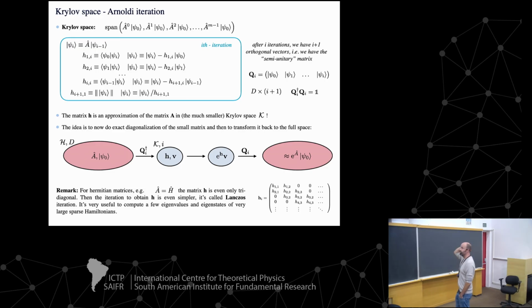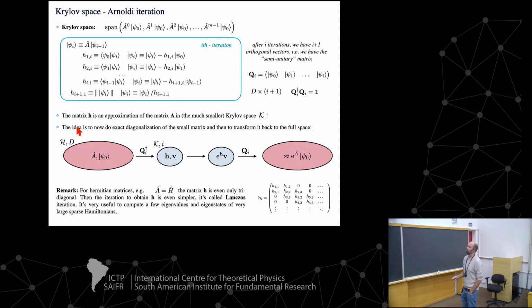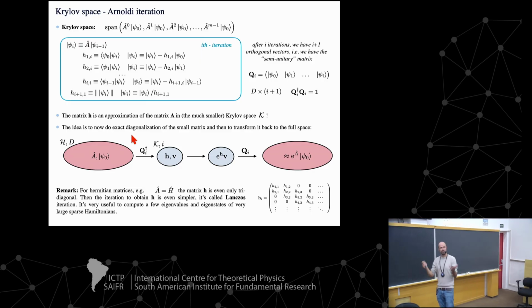So here's the strategy for what we really want to do. This is really just a sketch, not really mathematically sound. Our original problem was doing a matrix exponential. We have the big Hilbert space, the matrix A, which is going to be a sparse matrix, and some state psi 0. We want an approximation of the matrix exponential of this matrix A applied to psi 0.